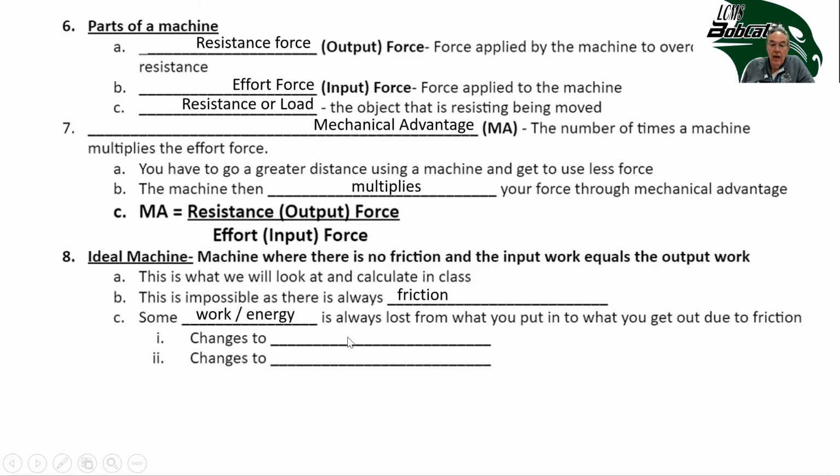That means some of the work or energy is always lost from what you put in to what you get out due to friction. And the friction changes the energy. It's not actually lost. It's converted to heat and it's converted to wear. So as they rub together, remember we said there are those micro welds. They're rubbing down. You get heat and wear as a result of friction.